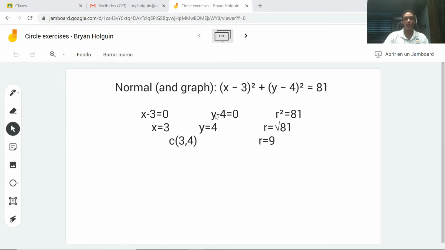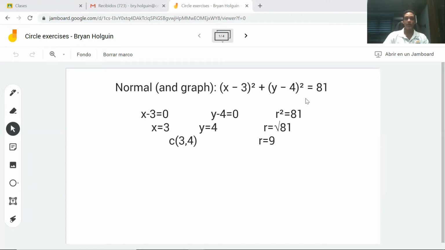So y minus 4 equals 0. So we pass the minus 4 to the other side, making it y equals 4. So the center of the circle is (3, 4), x component and y component.